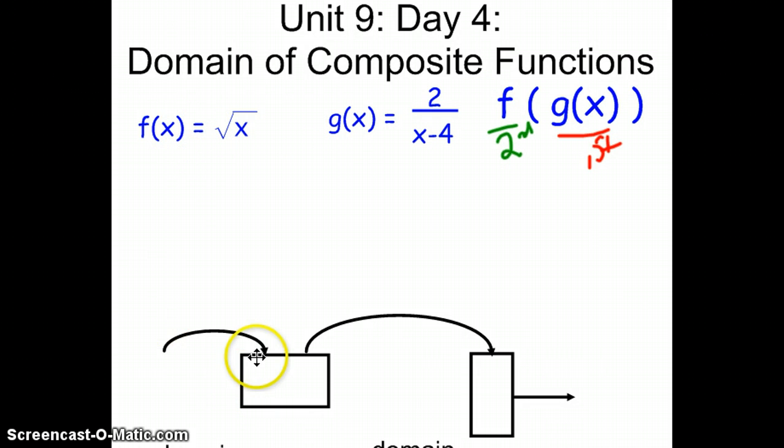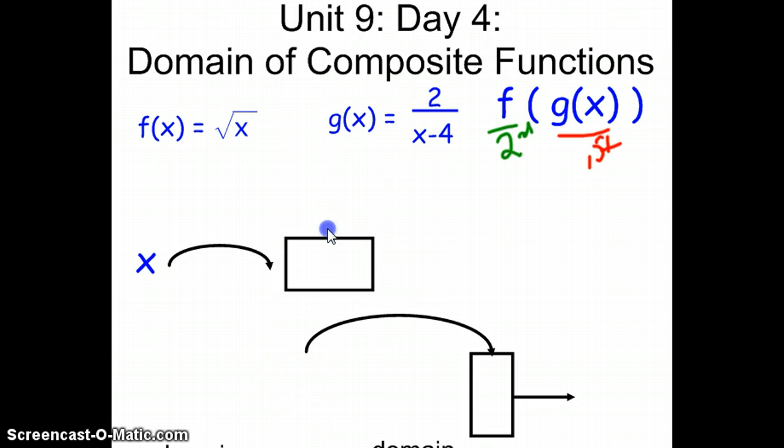If you remember, we start with the input, x, and we want to plug it into a function to get out a value. What function can I plug x into? The inside function, which is g.